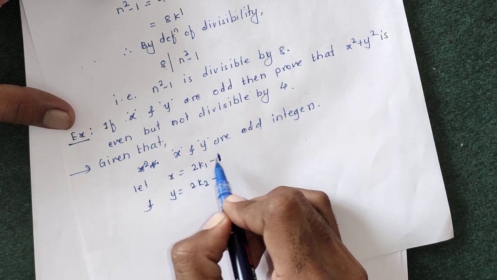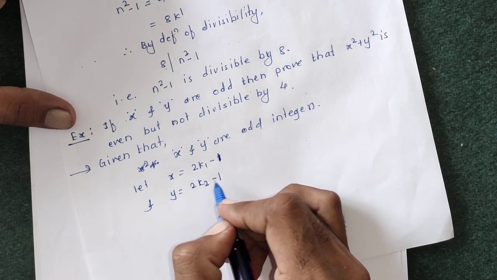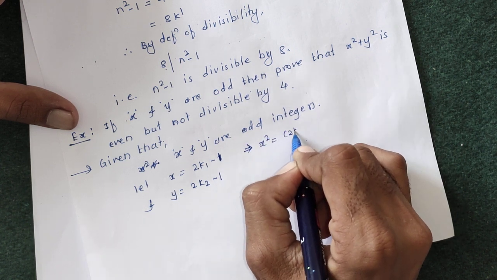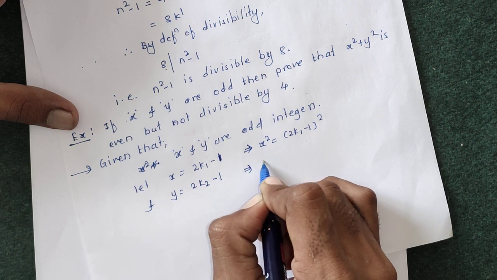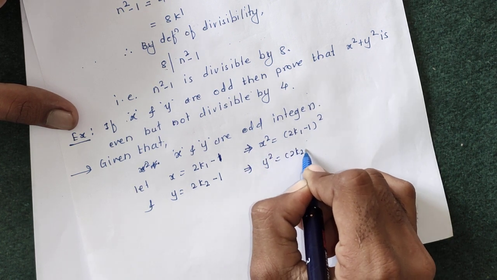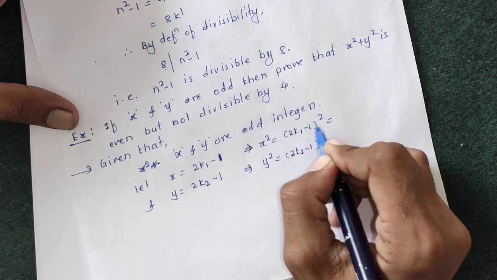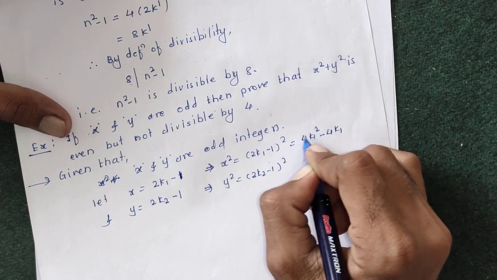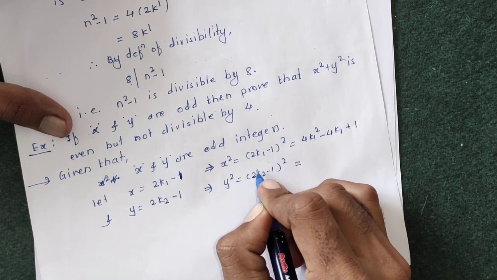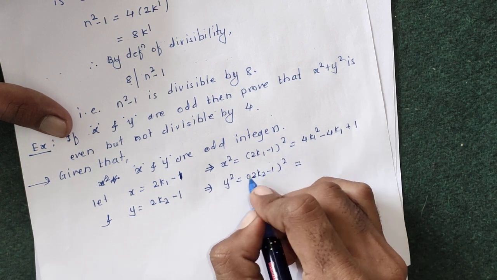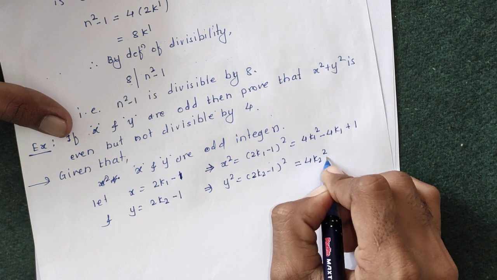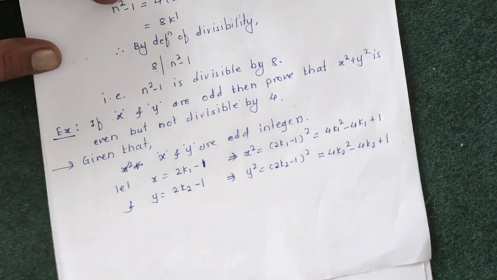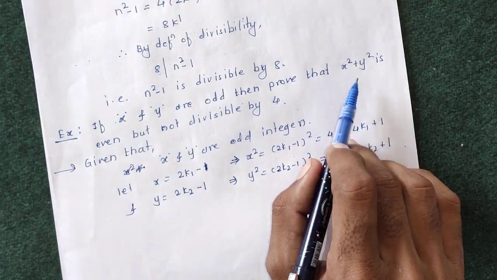So if x is equal to 2k1 minus 1, then x square is equal to (2k1 minus 1) square, and y square is (2k2 minus 1) square. Using the (a minus b) square formula we get 4k1 square minus 4k1 plus 1, and 4k2 square minus 4k2 plus 1. Now we have to prove that x square plus y square is even.